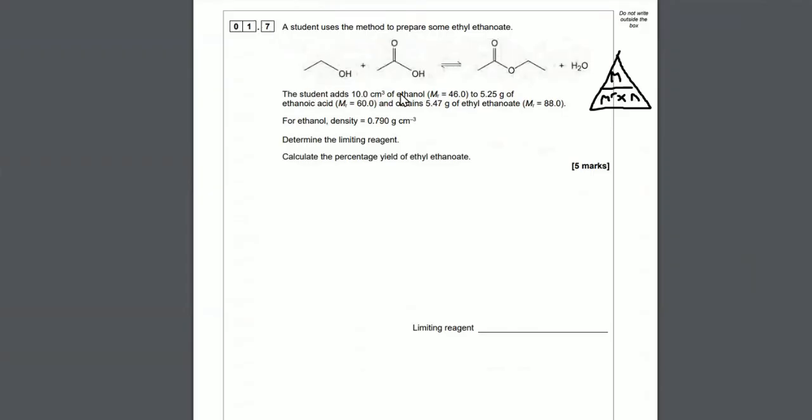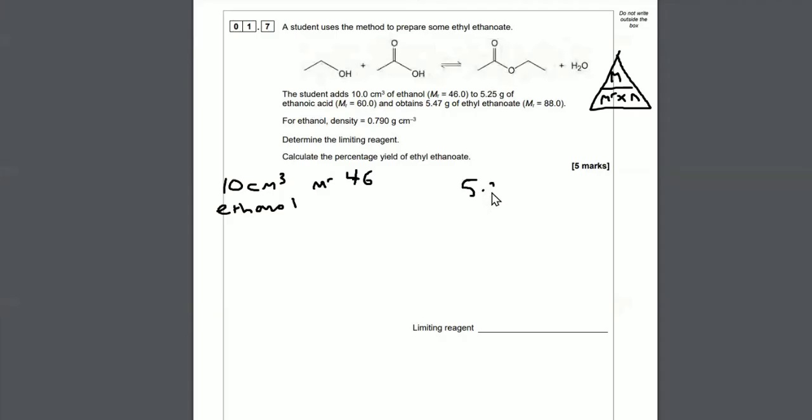The student adds 10 centimeter cubed of ethanol. We've got the MR is 46, and 5.2 grams of ethanoic acid. So I'm going to group my data together to make it easy. Some people like this. So I've got 10 centimeter cubed ethanol, and I know the MR is 46. So that's my data for the ethanol. And then they're giving me data for the ethanoic acid.